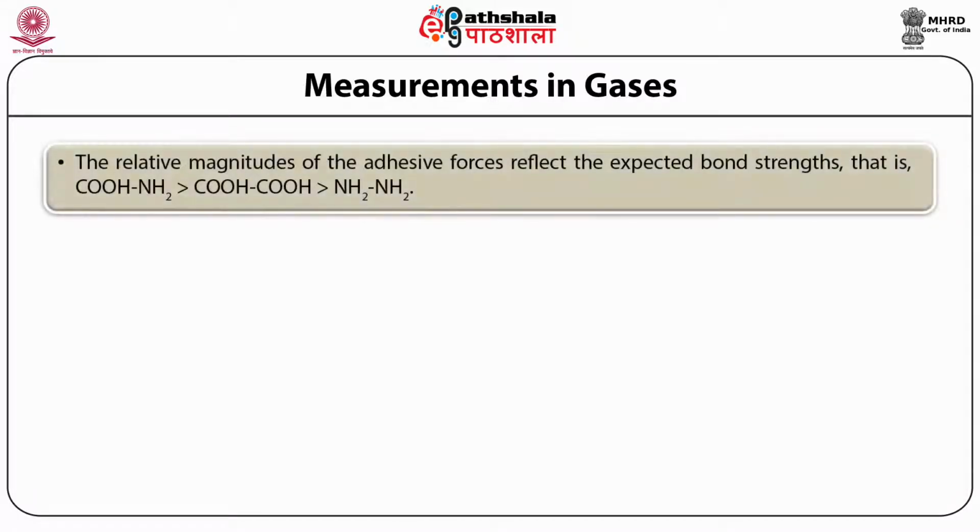The relative magnitudes of the adhesive forces, as was indicated in one of the earlier slides, reflect the expected bond strengths. That is, if you take one amino acid here, this will have greater force than formic acid, oxalic acid force, and this in turn will be greater than hydrazine, NH2.